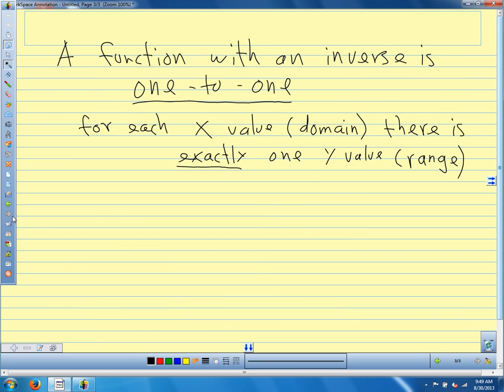So questions? Questions so far? Just talking about what inverses tell us, how we tell if we have an inverse. Now the other task that we will have to do is finding inverses. If we're given a function, how do we find its inverse?